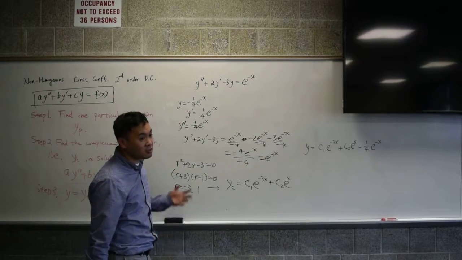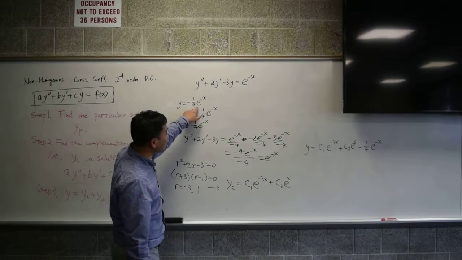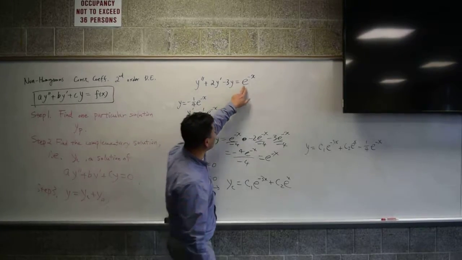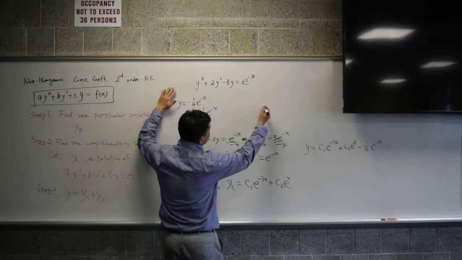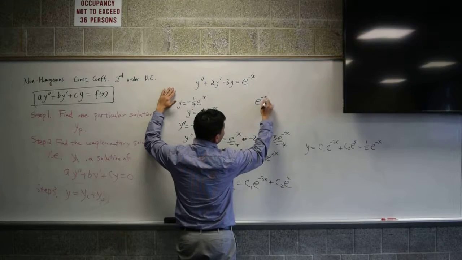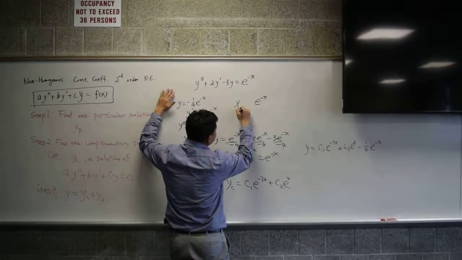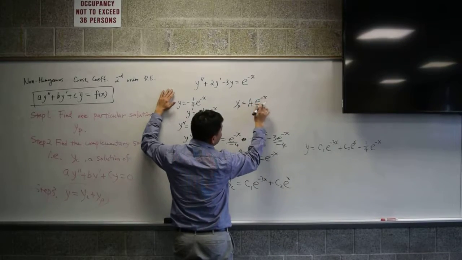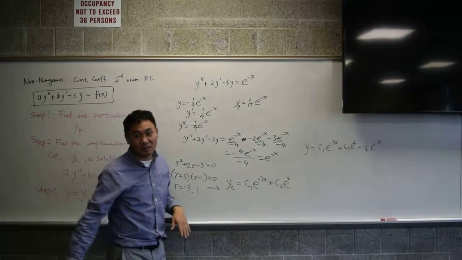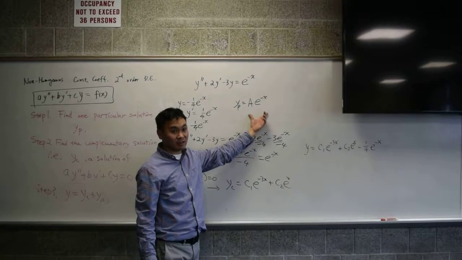Okay? And here's the idea. Rather than doing trial and error, just look at the right side and say, well, e to the negative x, if you differentiate, it always stays like this, right? So why not take our yp as some constant a times e to the negative x? So you can make a guess.